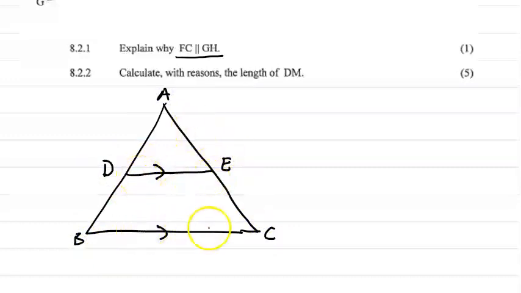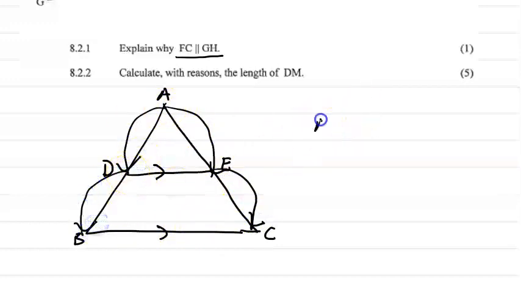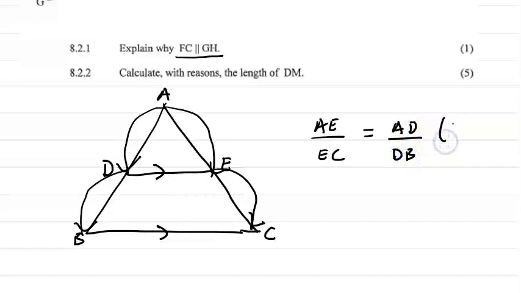Remember that if DE is parallel to BC, and that's given to us, then it means that the sides of our triangle are in the same proportion. So therefore, AE all over EC is equal to AD all over DB, and that is because DE is parallel to BC. Or we can say line parallel to third side of triangle.